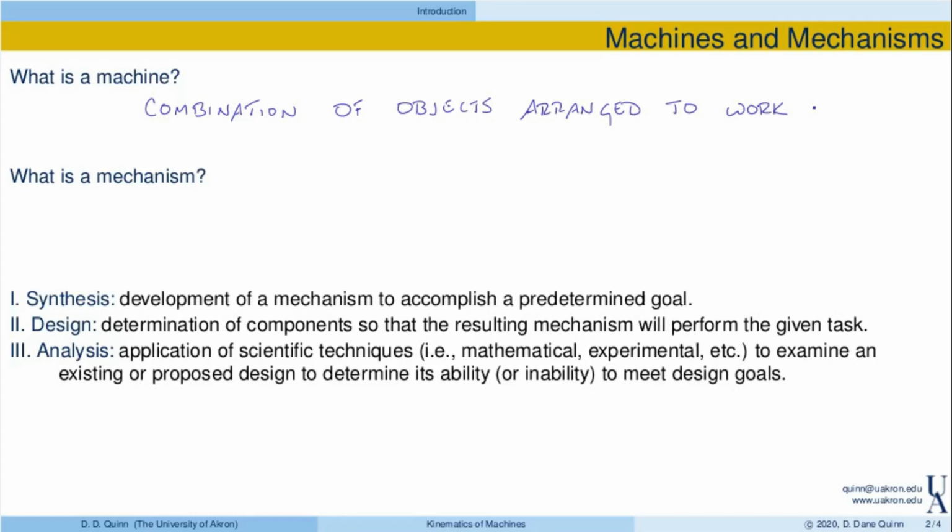So in particular, we're going to be looking at mechanisms in this class. So what's a mechanism?